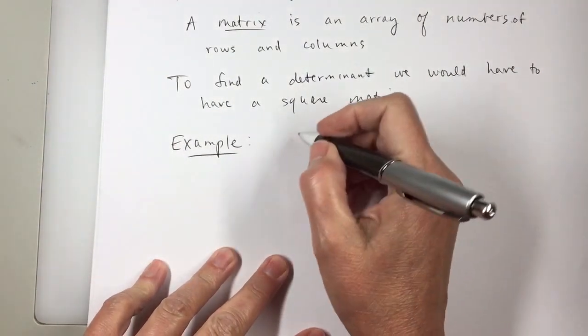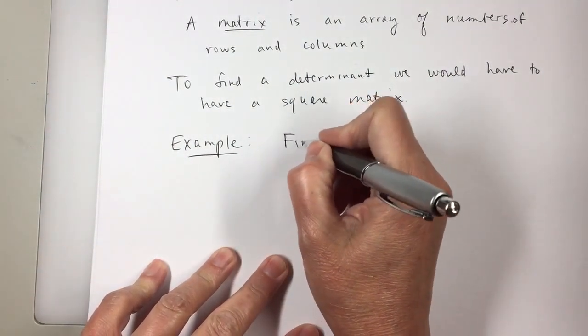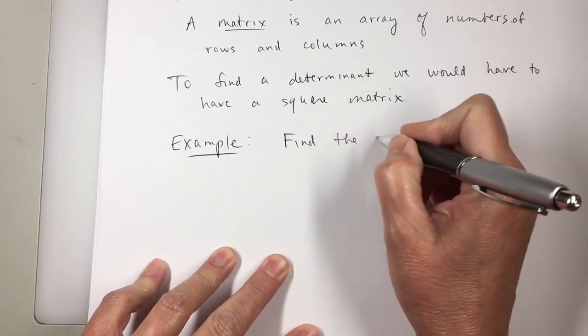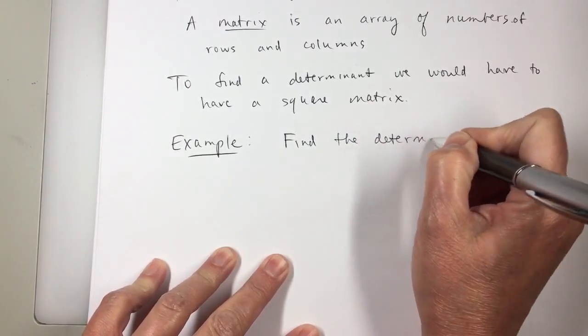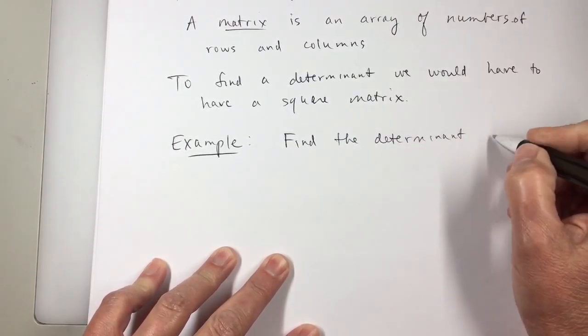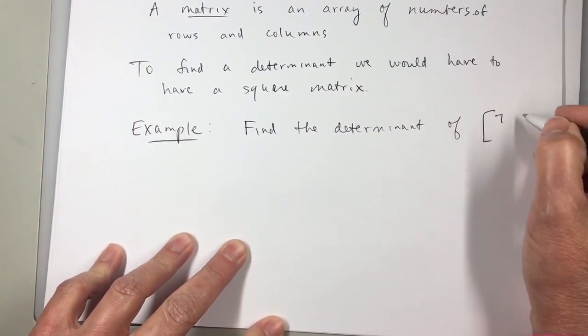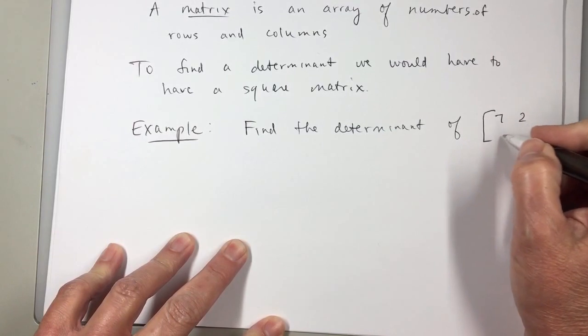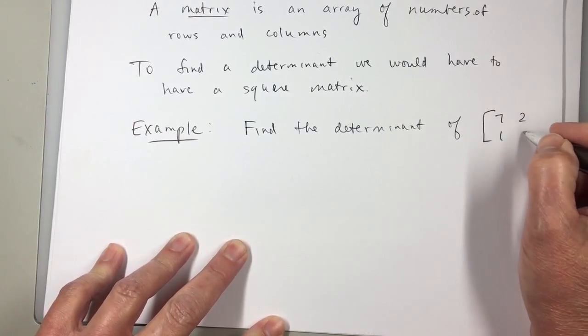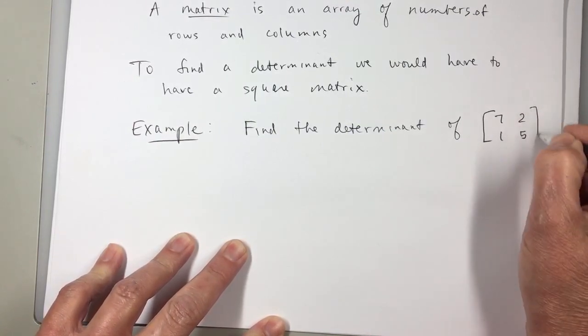So here's a matrix. I'll just write the directions. Find the determinant of this matrix 7, 2, 1, and 5.